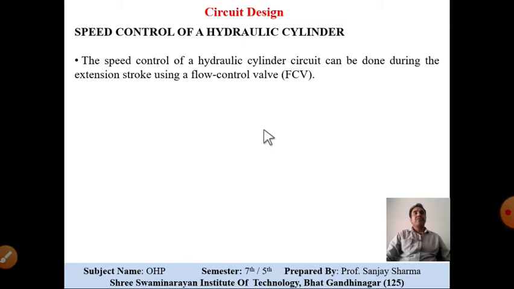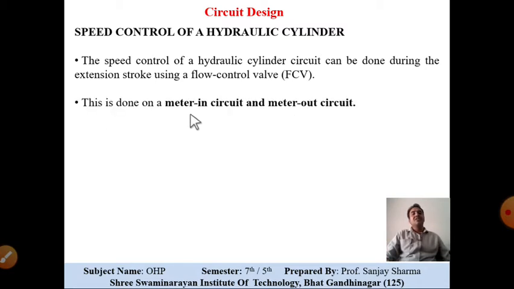Normally we have seen the functions of pressure control valve and direction control valve. Here in this circuit, the flow control valve plays an important role in order to control the speed of a hydraulic circuit.